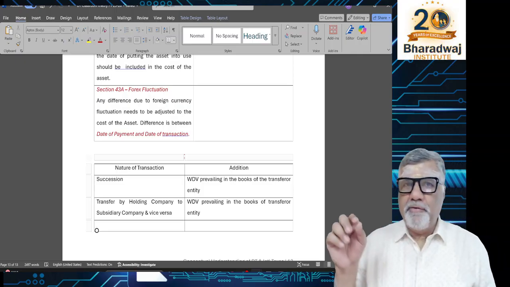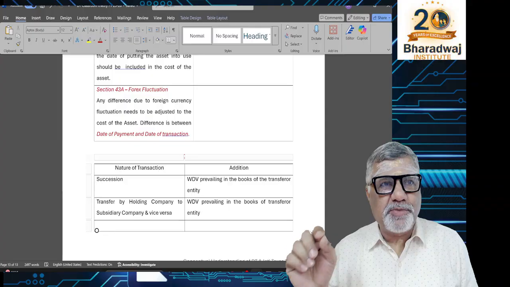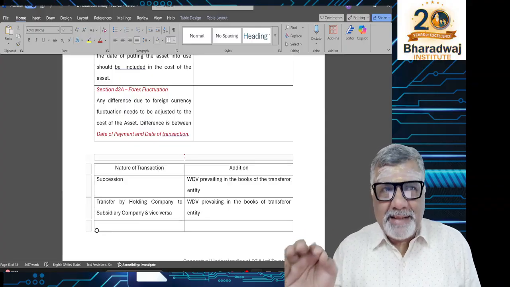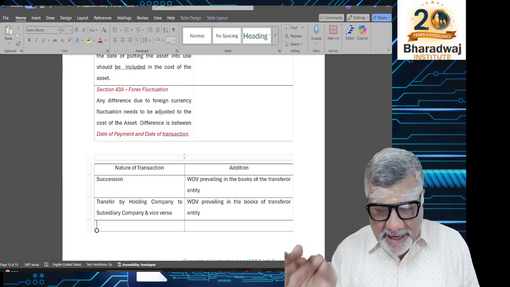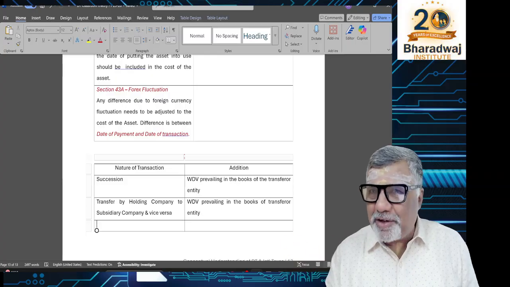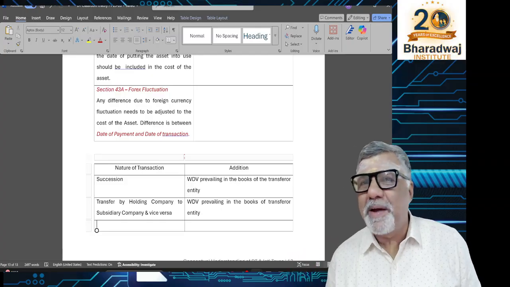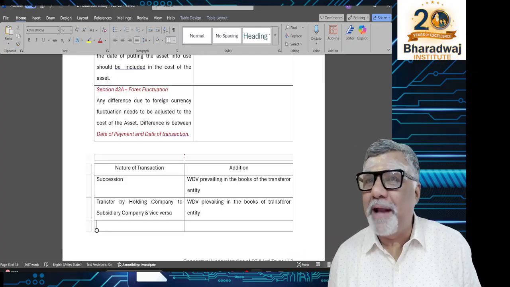Friends, if holding company transfers an asset to the subsidiary company or vice versa, that receiving entity can record the value of the asset as it was prevailing in the books of the transferring entity. No other value can be recorded.